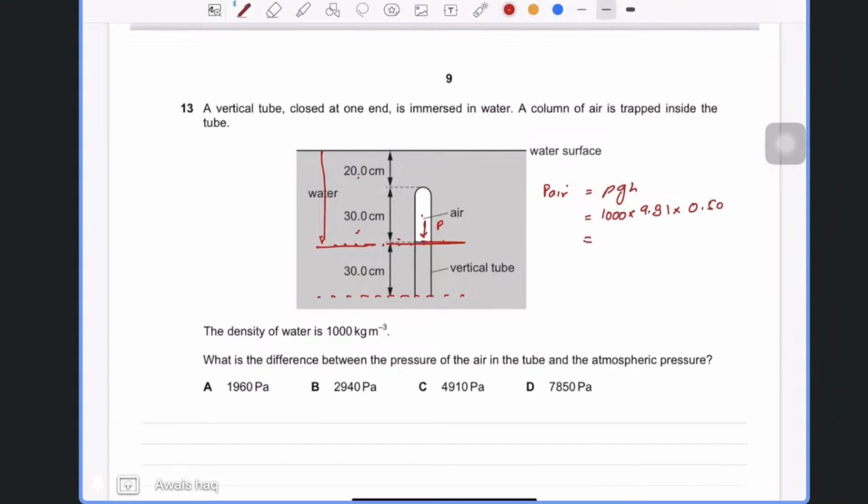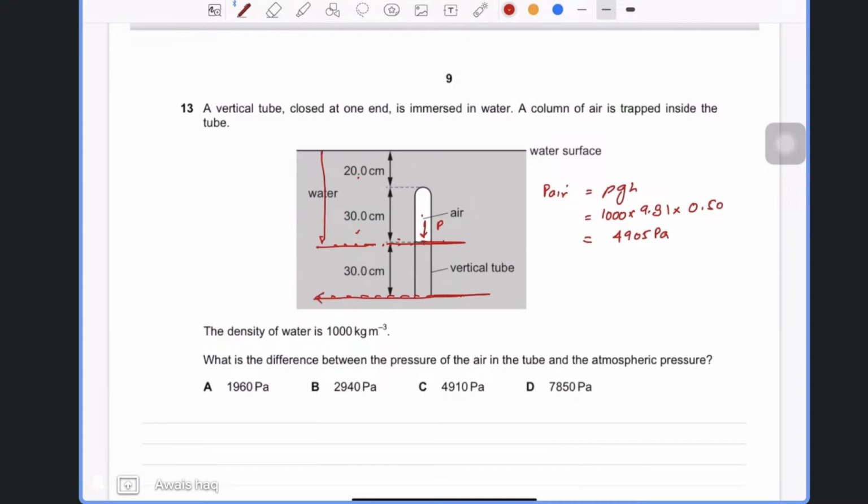Could you please find the answer? 4905 pascals.